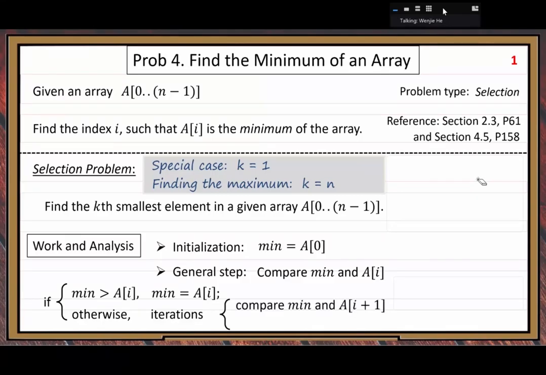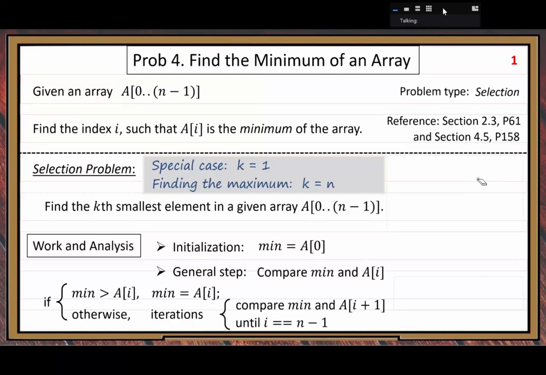The next iteration, we'll keep doing until we reach the last element, i equals n minus 1. When you finish the comparison with the last element, then whatever value is stored in the min variable, that's your final solution. Because you store the global minimum in that variable.